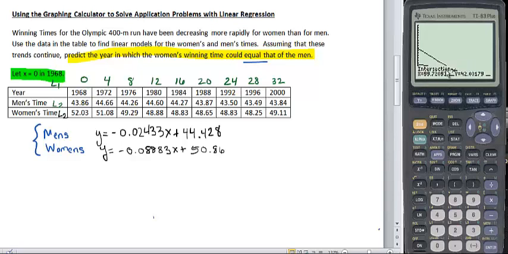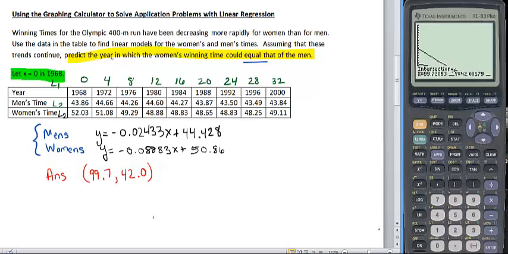Okay, my point of intersection, my answer if you will, based on my calculator, is 99.7, comma, 42.0.